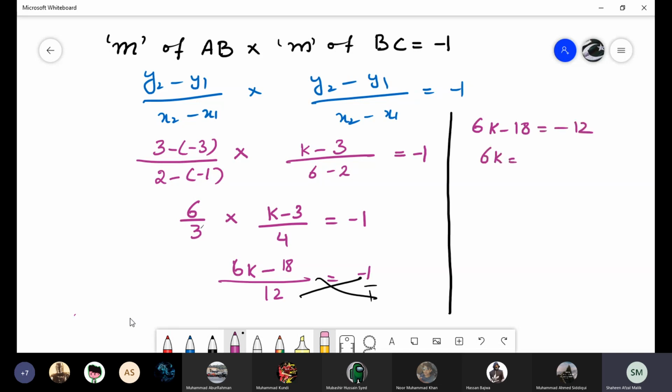So 6K is equal to negative 12 plus 18, which is 6. So K is equal to 6 by 6, so K is equal to 1. That is your answer.